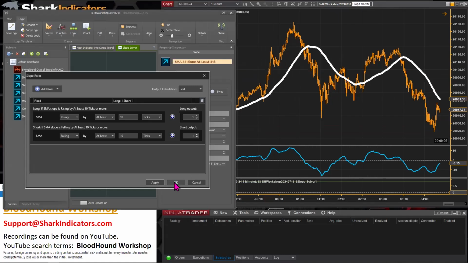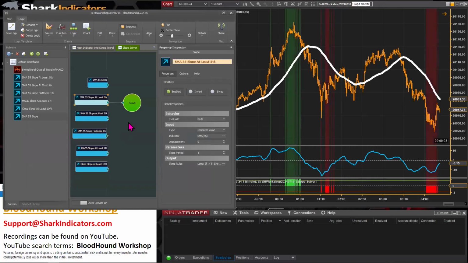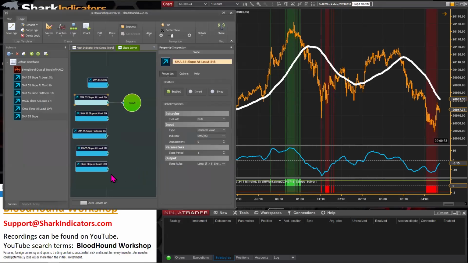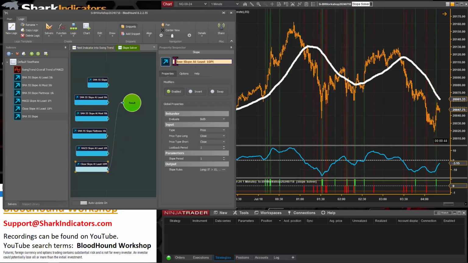mainly because I'm going to cancel this. Let's see, that's back to 5 ticks. If you hit the cancel button, it's going to forget all the changes you made there. Remember this solver down here, it's looking for the closing price to move 10 points, not 10 ticks, but 10 points.